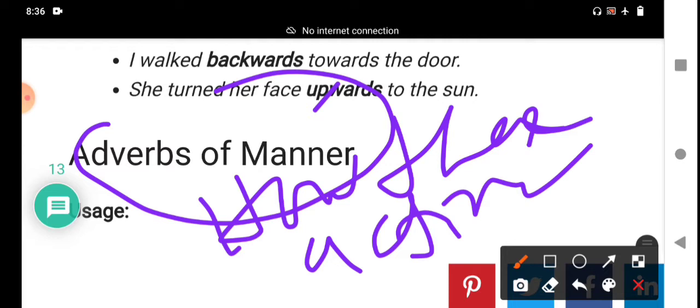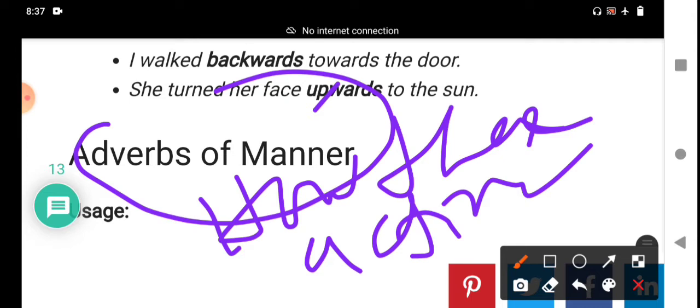Adverbs of manner usually are formed with ly. Generally, we add the suffix ly to the adjective. Clear, clearly. Great, greatly.